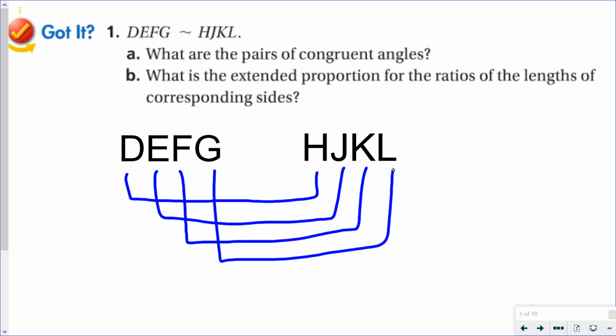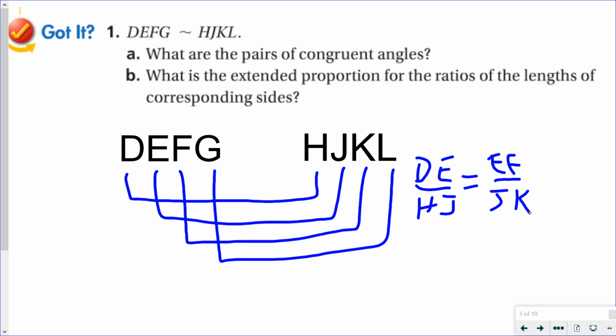If we want to find the extended proportion, it is also set up according to its corresponding sides. So the first two letters, the ratio would be DE over HJ is equal to the second two letters, EF over JK.